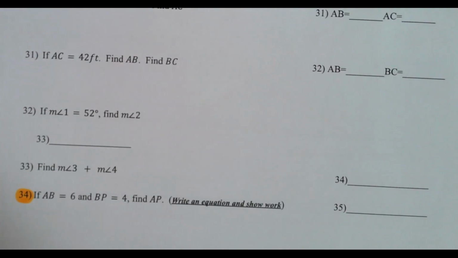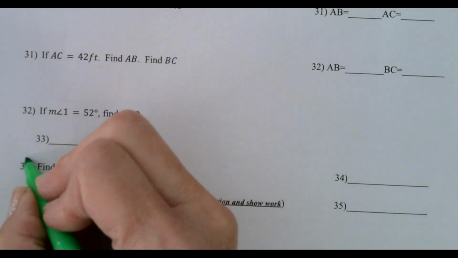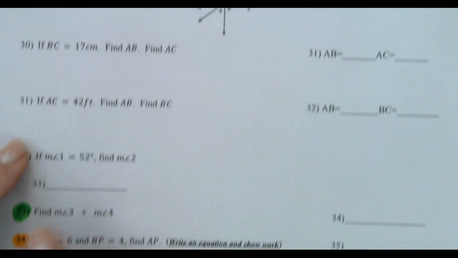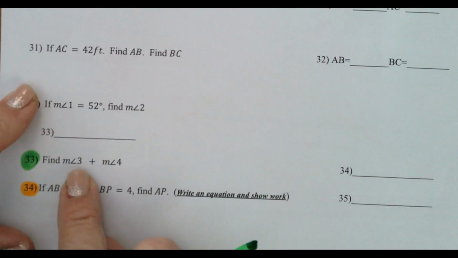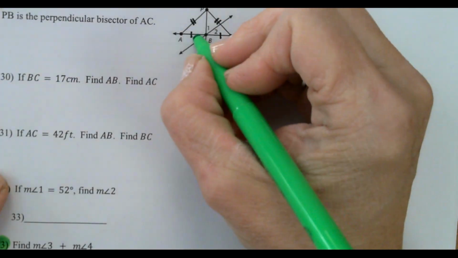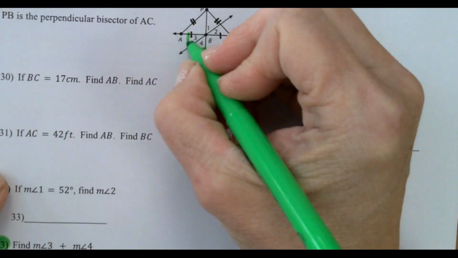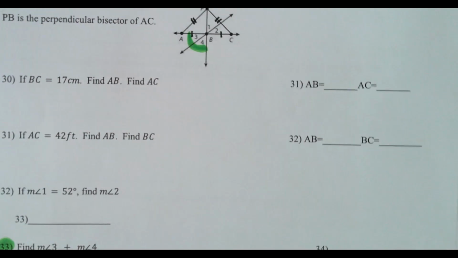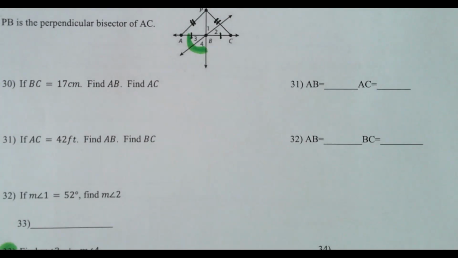I'm actually even going to do 33. This one stumps so many people. I want you to look right here. It says find measure of angle 3 plus measure of angle 4. What do you think those two angles add up to? Why?